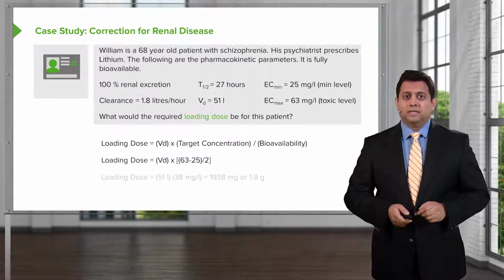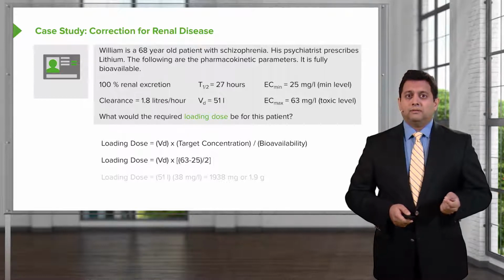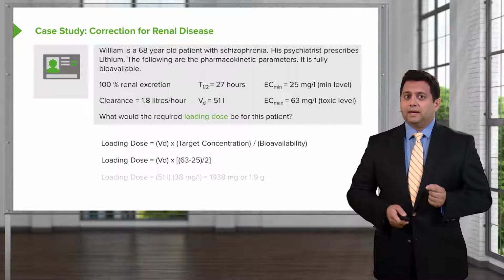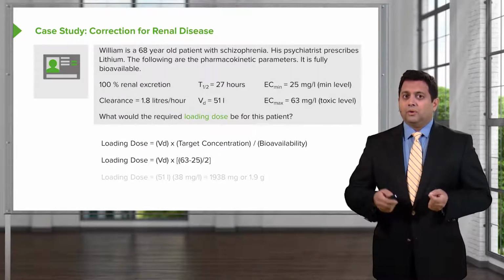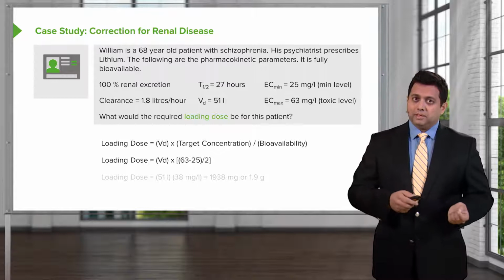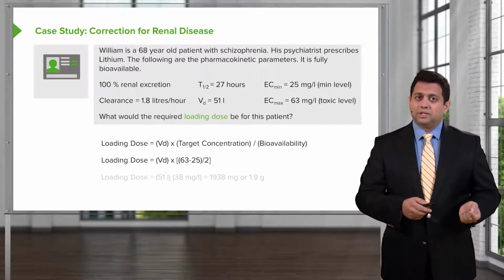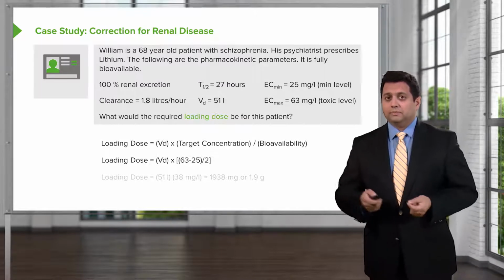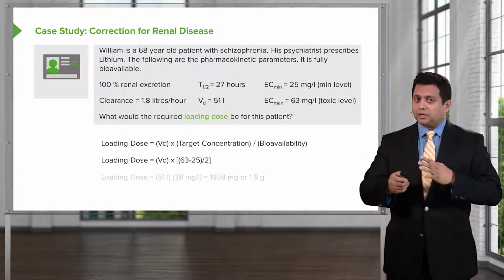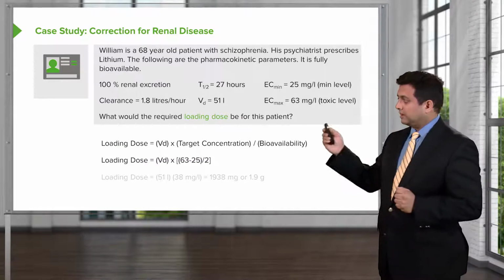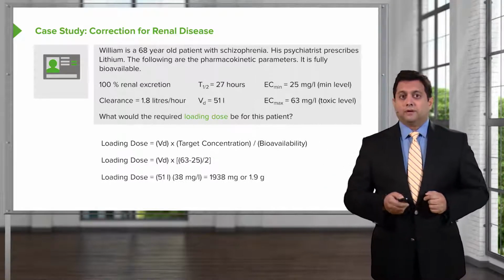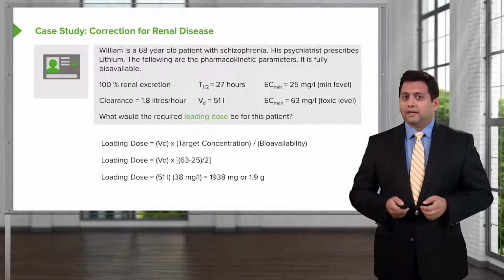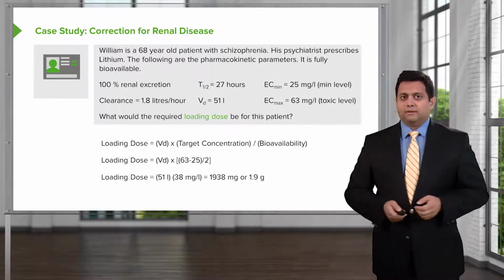The loading dose is the volume of distribution, and the target dose is 63 minus 25 divided by 2, or the average between the minimum effective concentration and the maximum effective or minimum toxic concentration. So we want to target halfway between those two numbers. That's why we're getting an average. So therefore, the loading dose is 51 times 38, which is 1938 milligrams, or about 1.9 grams.